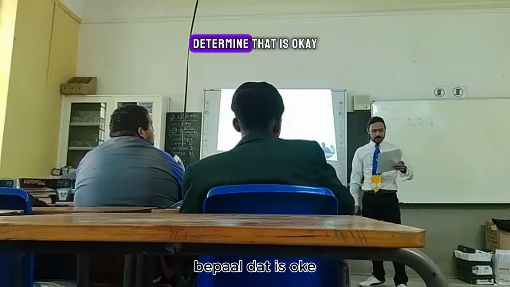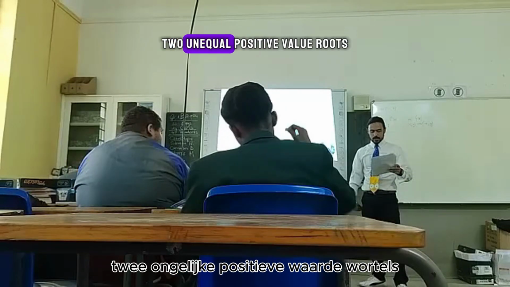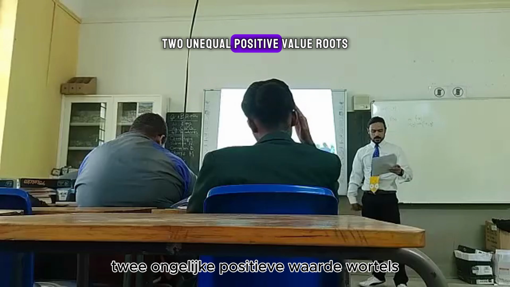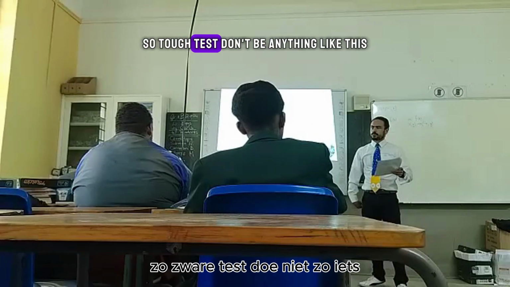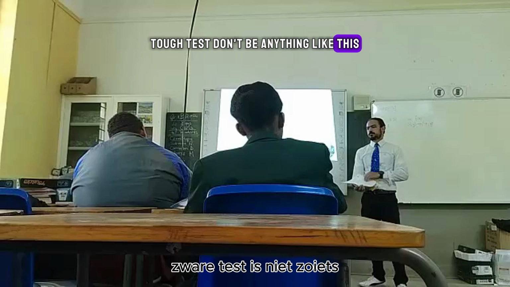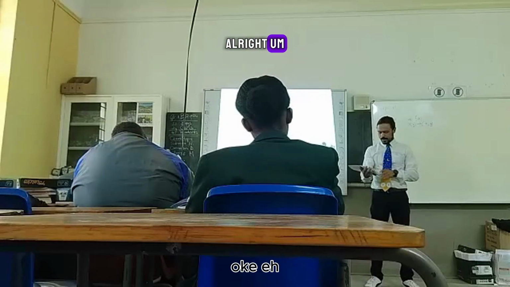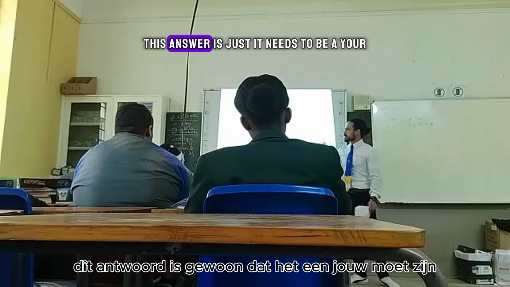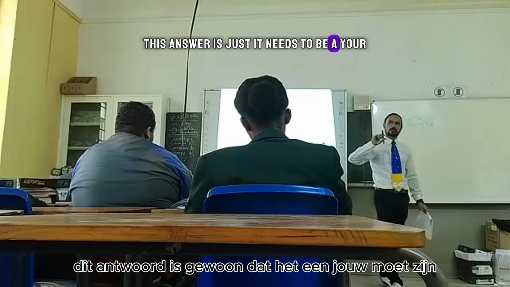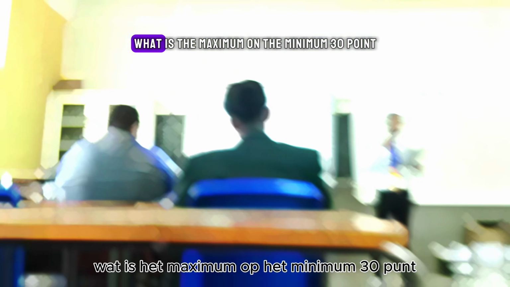Now they ask you to determine the values of k for which f of x is equal to k will have two unequal positive real roots. So is our test going to be anything like this? No. Much more difficult. Right. The answer needs to be a real value, so it can't be anything greater than, what is the maximum or the minimum turning point there?